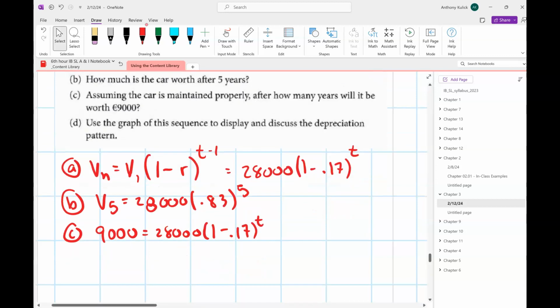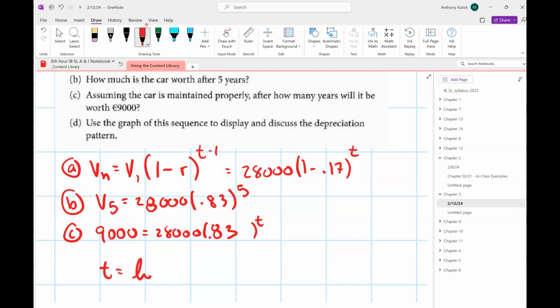So we divide by 28,000, then do log base 0.83. I don't know why I wrote it that way when I wrote it as 0.3 or 0.83 earlier. Is it okay if I reduce 9,000 divided by 28,000, just 9 over 28?